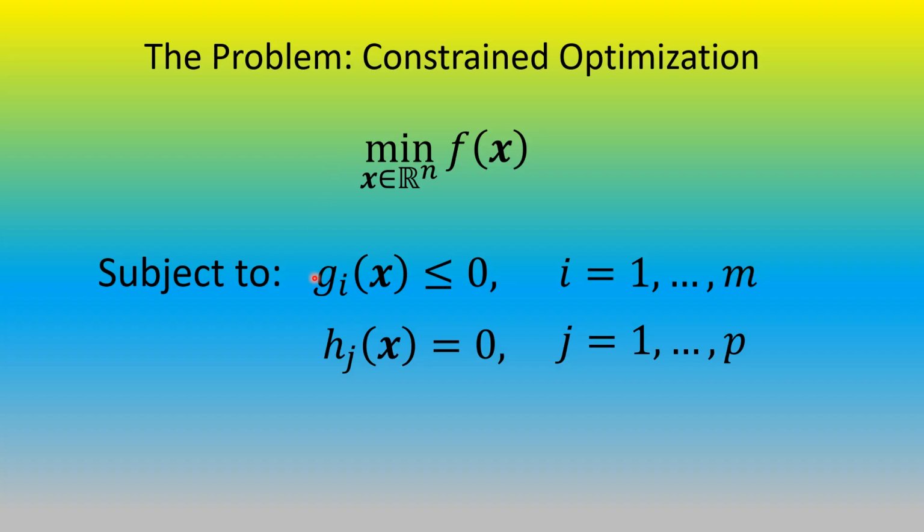And then with regards to these constraints down here, you may be wondering, okay, why is there a 0 on the right-hand side? Well, it's because you can always subtract anything from the right-hand side to get 0. And you may be wondering, why in the inequality constraints is it only less than or equal to 0?